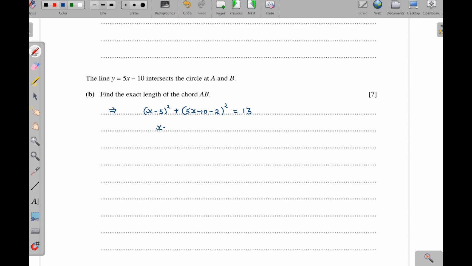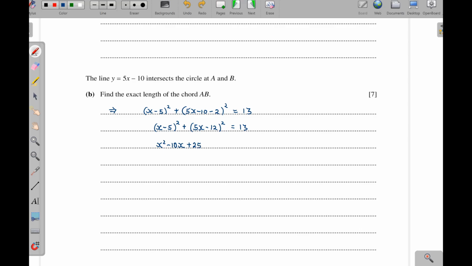So this is (x minus 5) squared again, plus, I need to first simplify this one. So this is 5x minus 12, squared, which is equal to 13. Square the x, you get x squared, and then 2 times x times 5, that will be negative 10x, and then square the 5, you get 25.